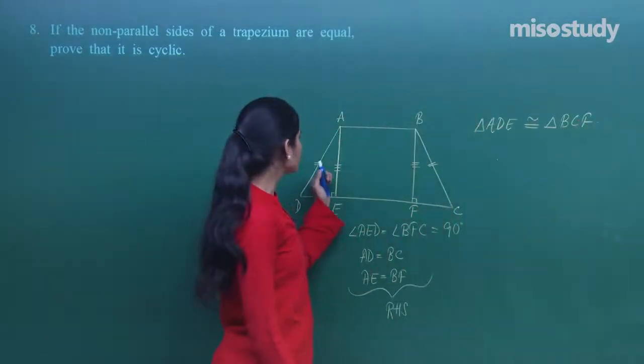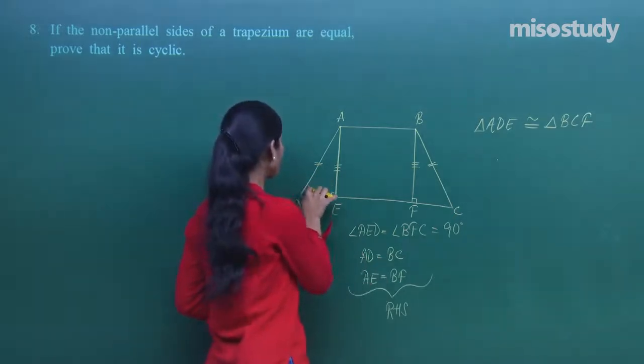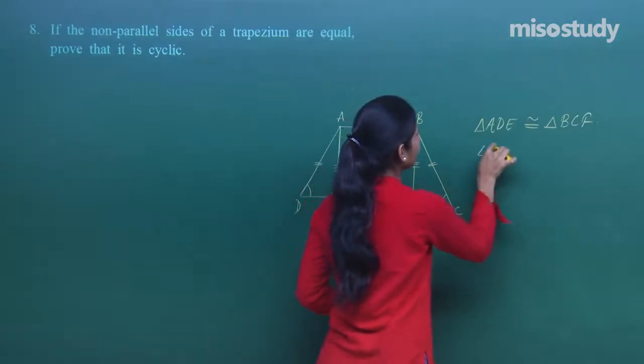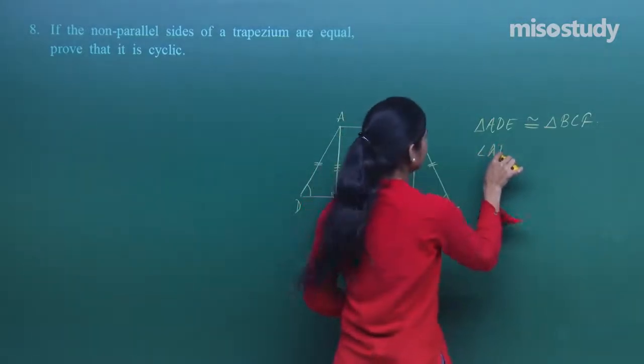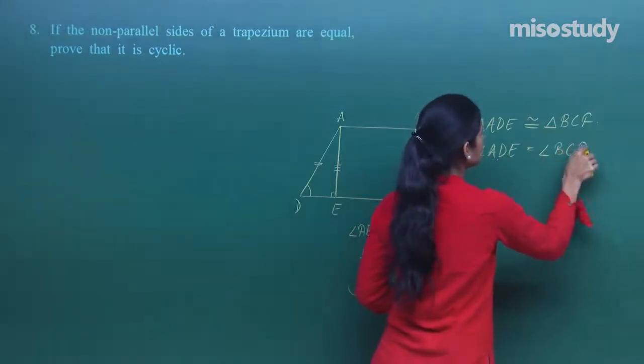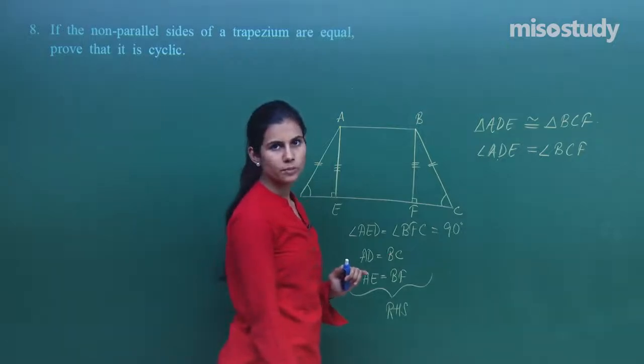Clear? And if these two triangles are congruent, their corresponding parts are going to be equal. So you will have angle ADC is same as angle BCD. Angle ADE will be same as angle BCF. The moment these two angles are same, what do you think will be the case?